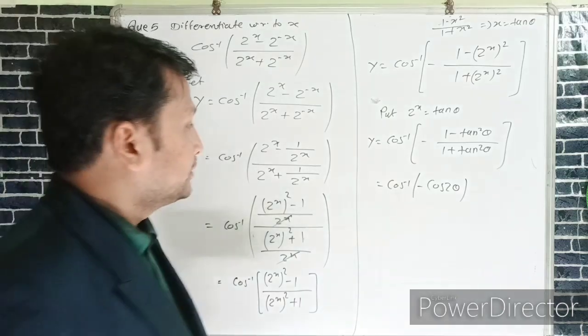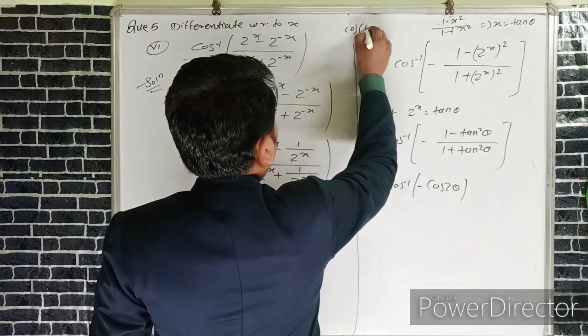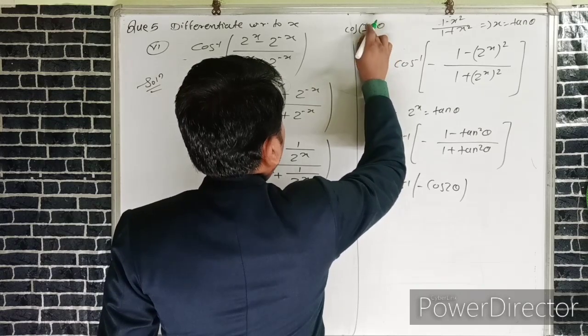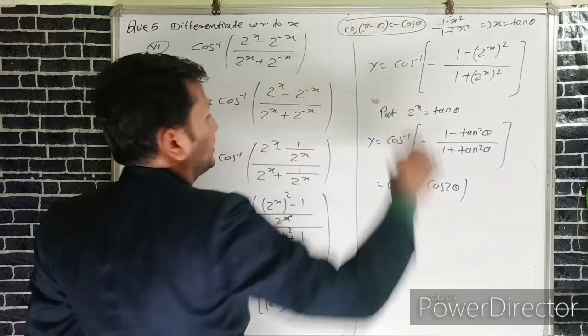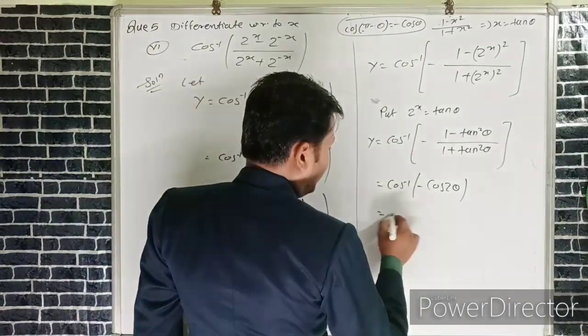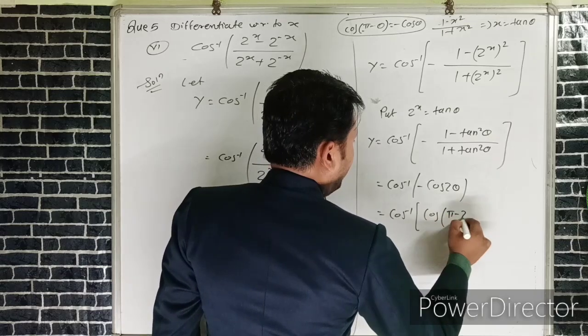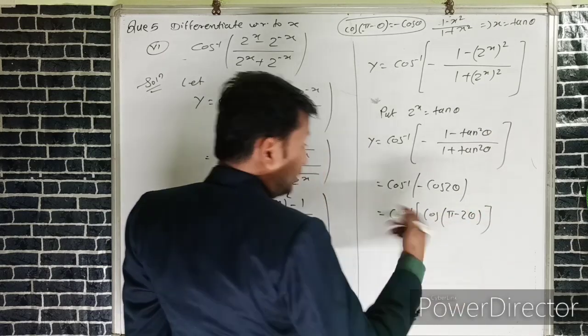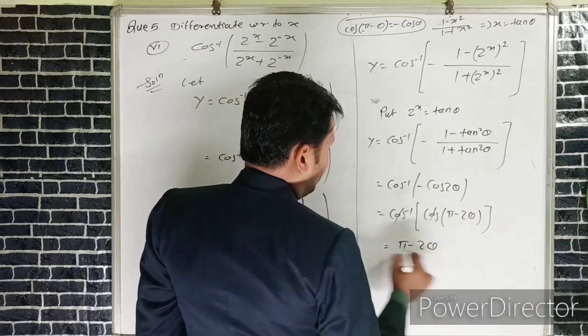We know that cos of pi minus theta is equal to minus cos theta. If we replace this value here, then we can write cos inverse of cos (pi minus 2 theta). Now we can cancel cos inverse cos, and we can write y is pi minus 2 theta.